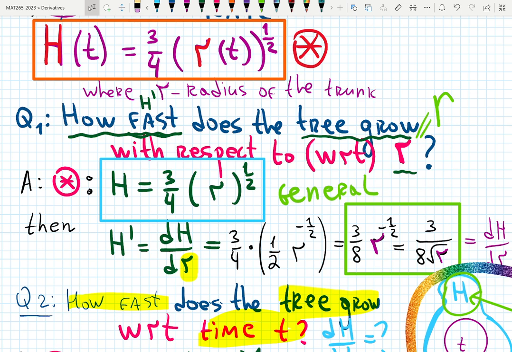So the answer will be the same if we have dr dt given, and we can plug it in. Say we had dh of t by dr, it would just be 3/8 root of r of t. And then if you have dt, it'll just be the same answer but with dr by dt, and we plug it in. That should be the same.